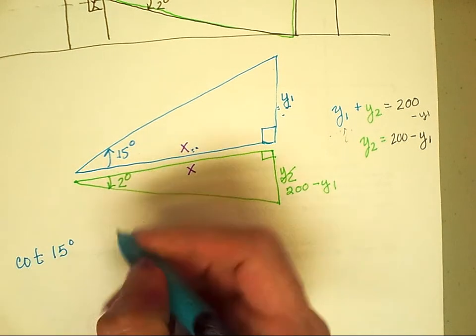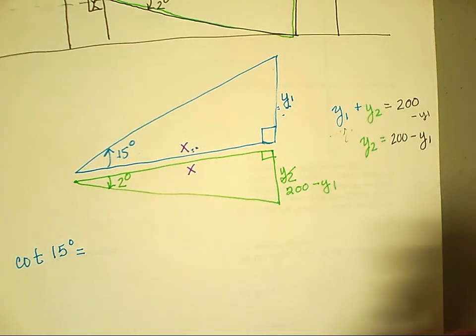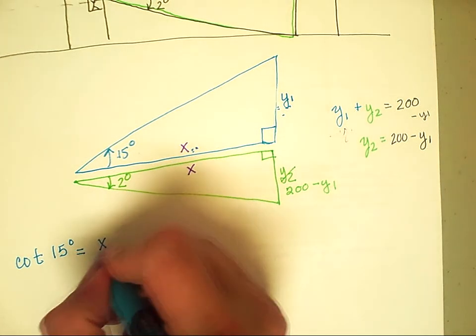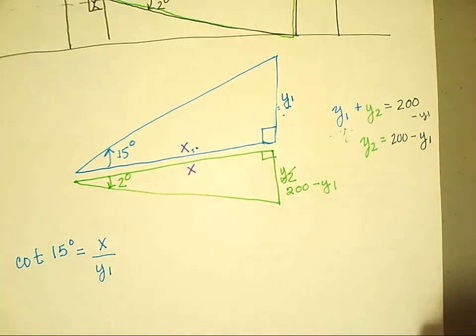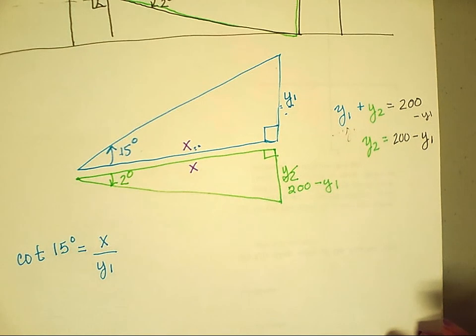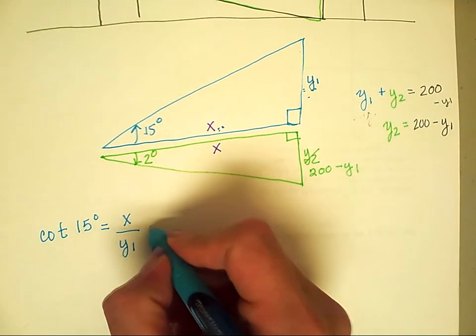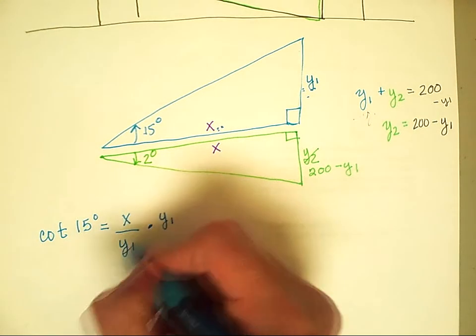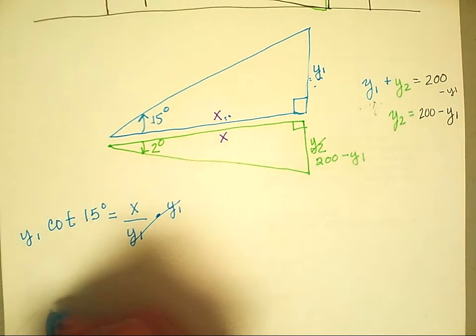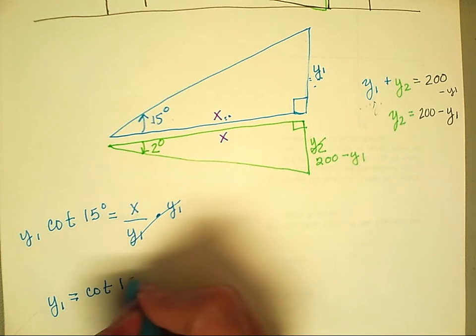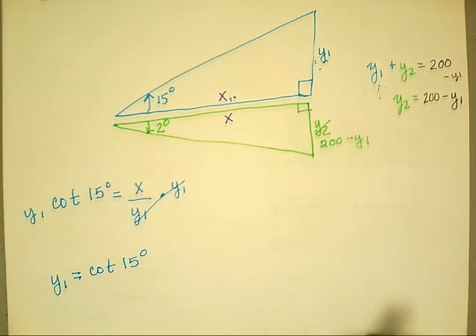So let's use the cotangent of 15 degrees, which would be equal to x over y1. So if I multiply both sides by y1, this would cancel. Okay. So we have that y1 times the cotangent of 15 degrees is equal to x. Okay. We know that to be true.